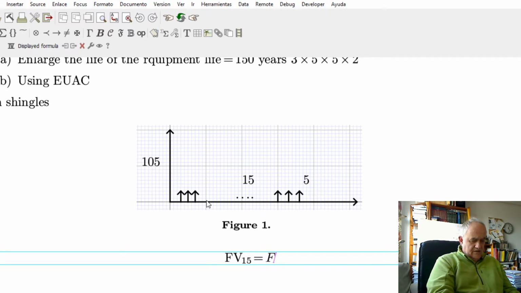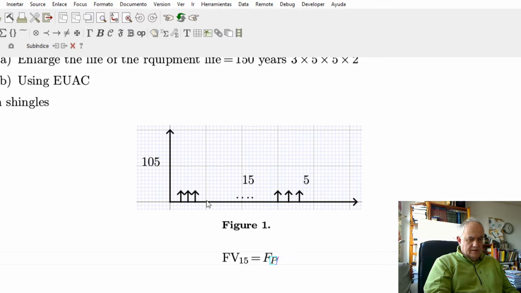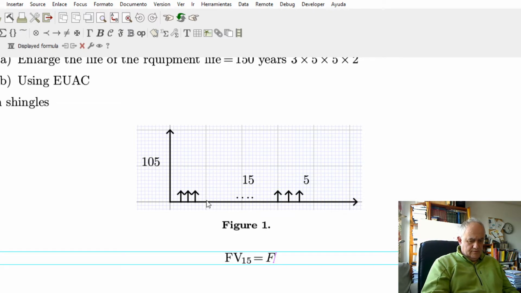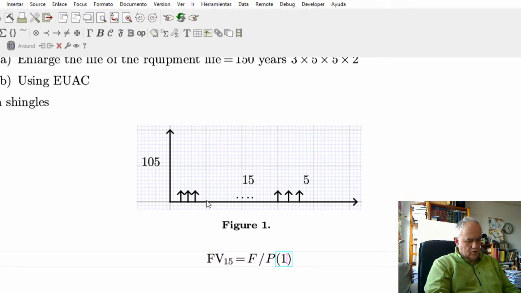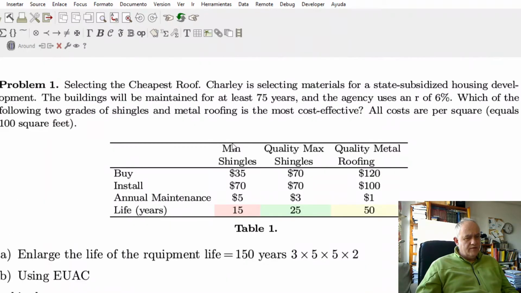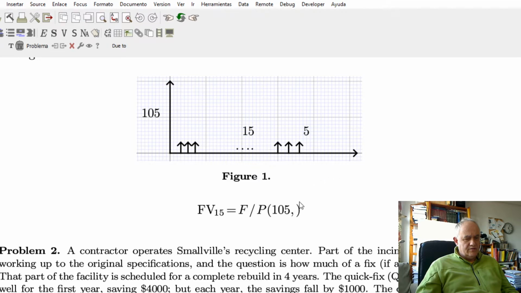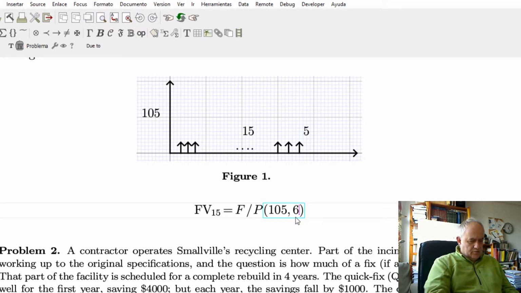So it is F over P of 105 times, what is the rate of discount to be applied in this case? 6% is the recommended one, the one that represents this company's decision.